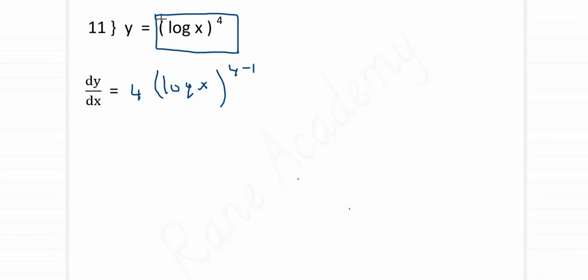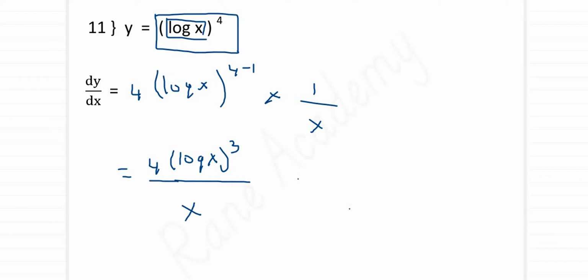Now this is the outermost function, inside that we have one more function, that is log x, and derivative of log x is 1 upon x. So the answer is 4 into log x raised to 4 minus 1, that is 3, upon x.